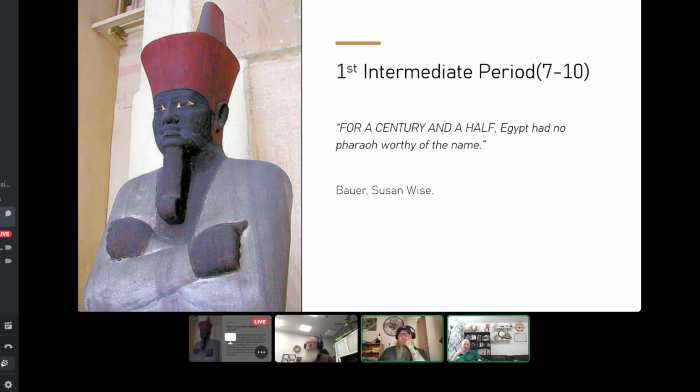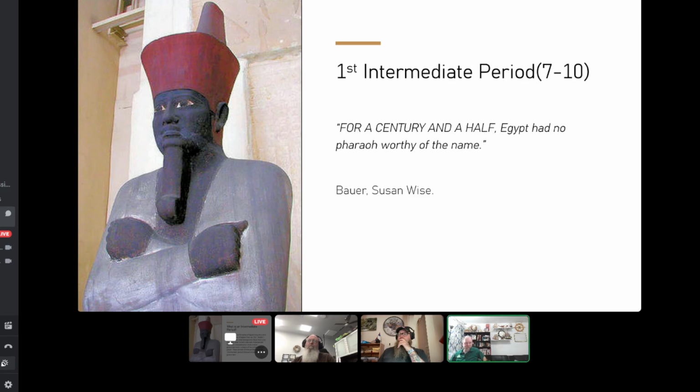The term first intermediate period is a fairly recent one, though. A lot of times we use these terms, old, middle, and new kingdom, and first and second and third intermediate period, as if that's just what they're called, right? As if they always have been. Well, Manthos is the one who gives us the 33 dynasties, but the terms that we use are actually fairly recent.